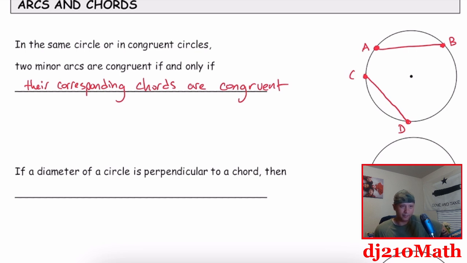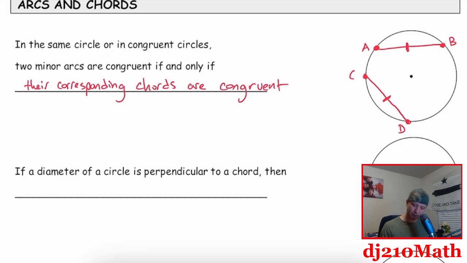So here we have chord AB and chord CD. If I tell you that the chords are congruent, we use a tick mark to signify that, then this means that their arcs are going to be congruent as well.